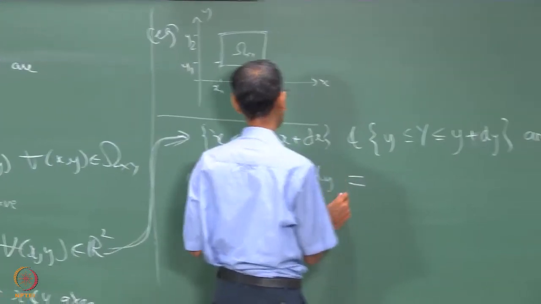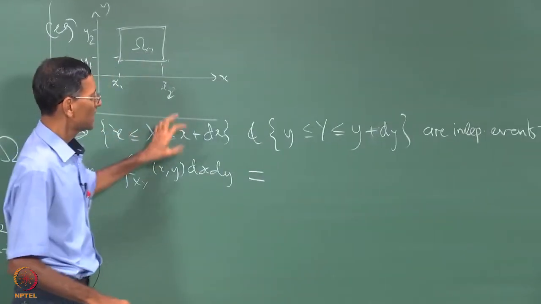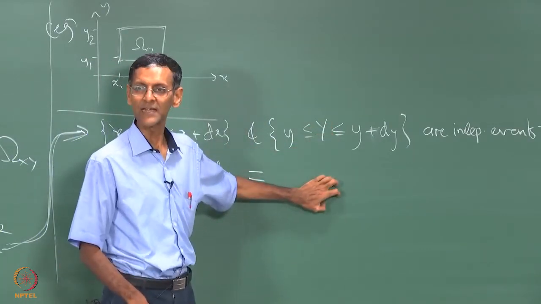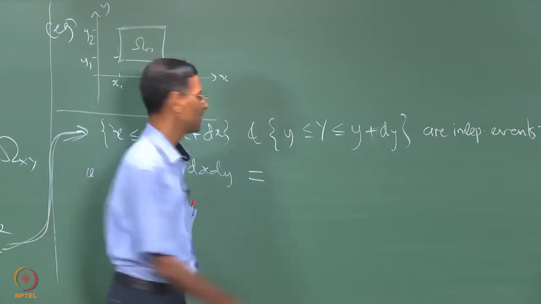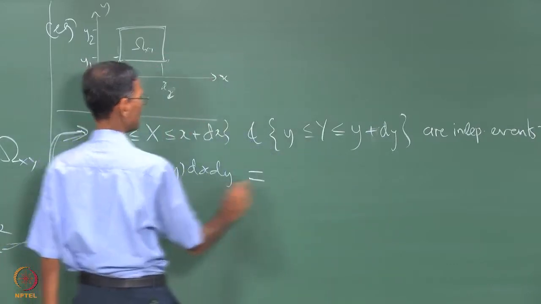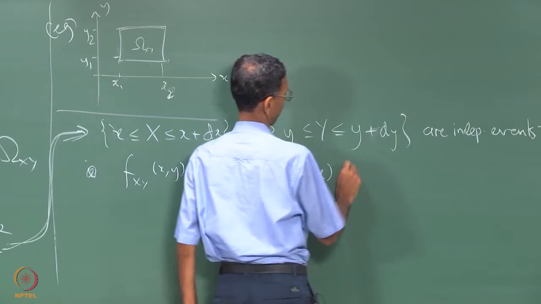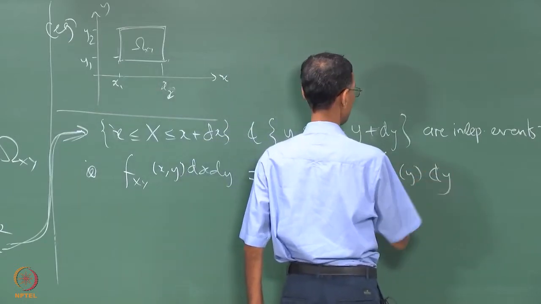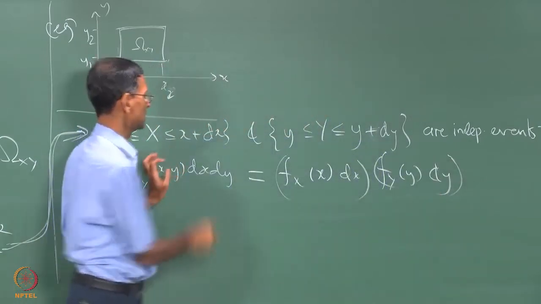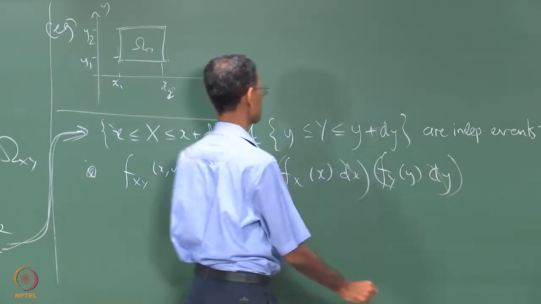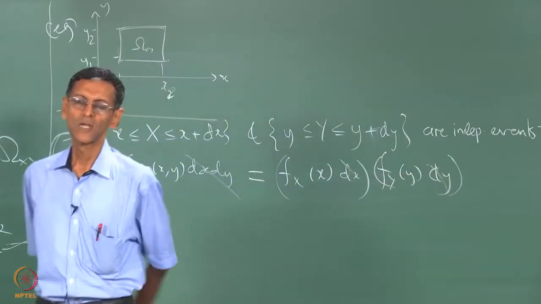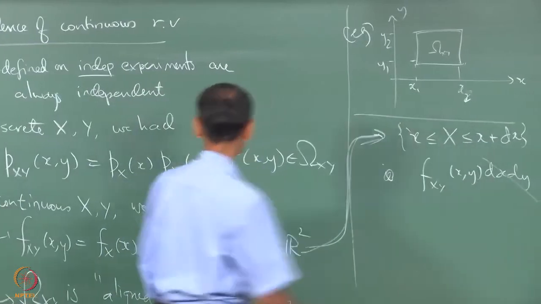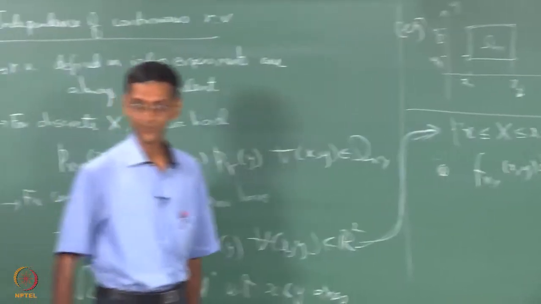If you say it is independent, then it will be the product of these two, which is f_X(x) dx into f_Y(y) dy. So if this factorization happens, you can always cancel these and say that the joint density must be equal to the product of the marginal densities. That is just the justification for making this statement in terms of the density functions.